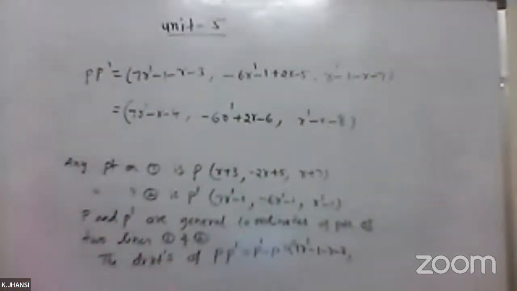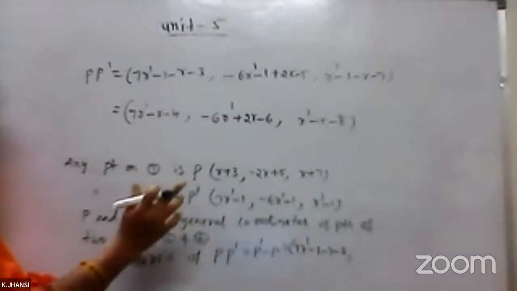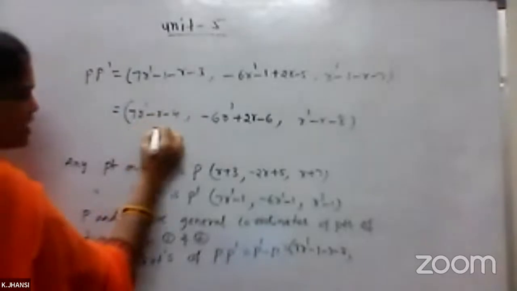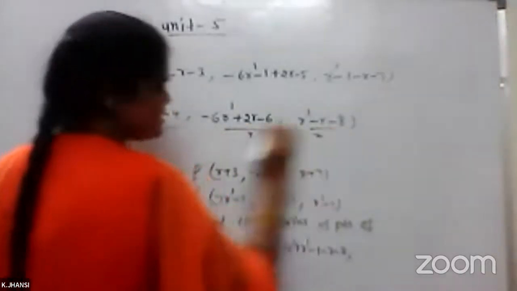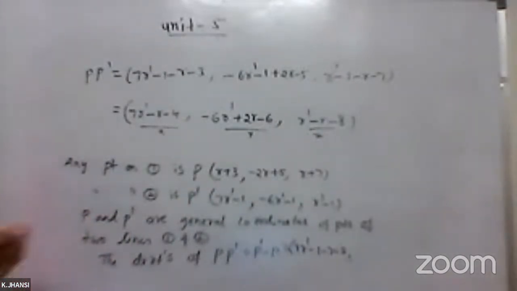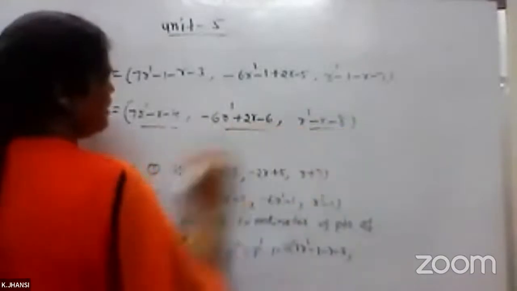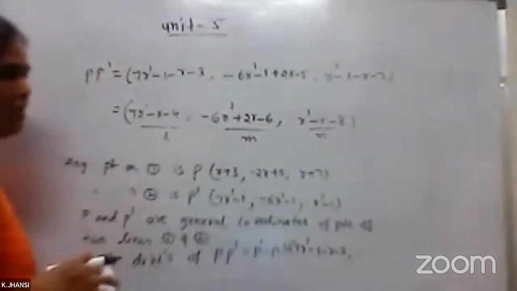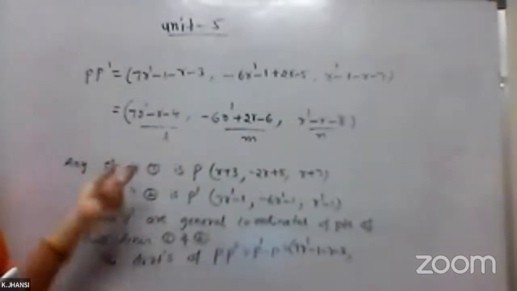Okay. These are the points you are getting for P dash, as the direction ratios of line 1 and line 2. So this is the x value, this is the y value, and this is the z value. Or else you can take them as L, M, 1. It's better if you take that. So direction ratios means L, M, N. Whatever these points are, these are perpendicular to line 1 and line 2.